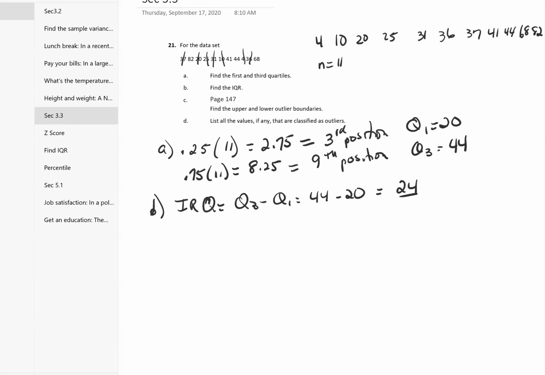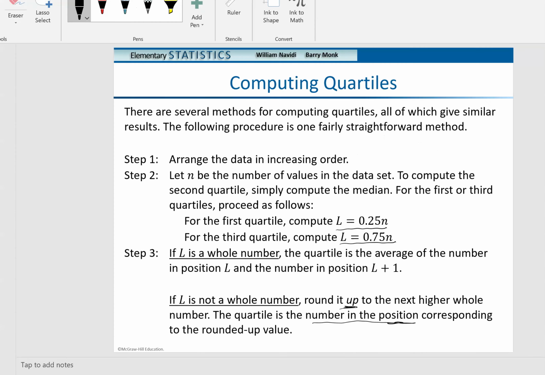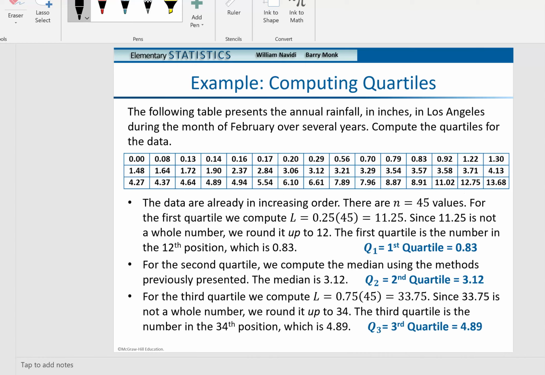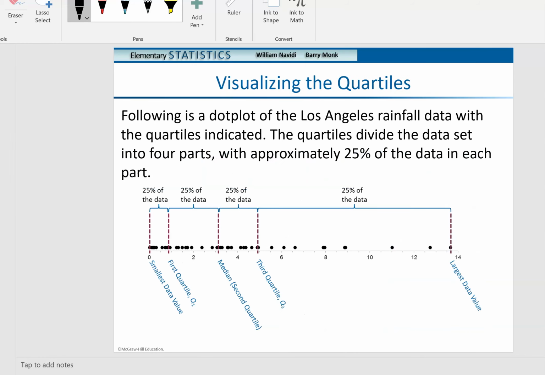Find the upper and lower boundary limits. All right, so the upper and lower boundary limits. Let me get to those questions so you can see where I'm getting the formulas from.